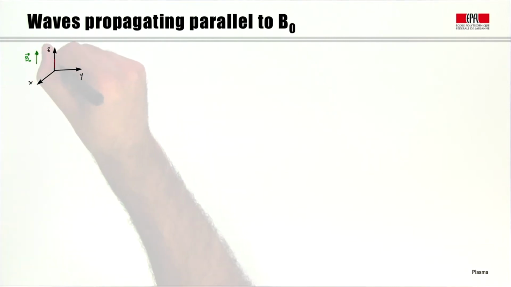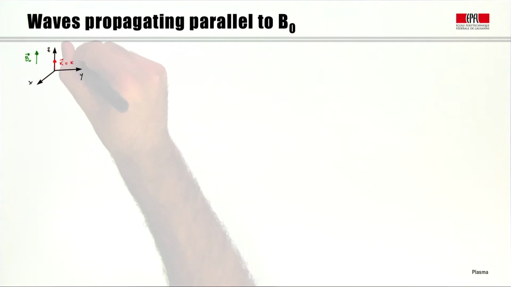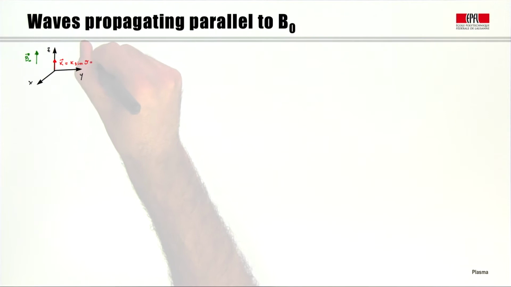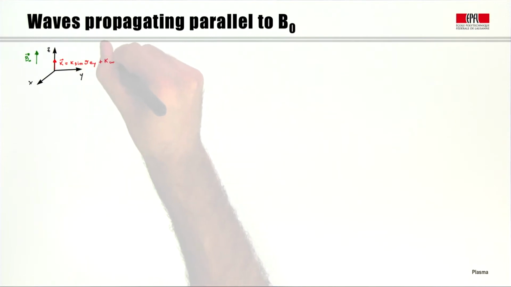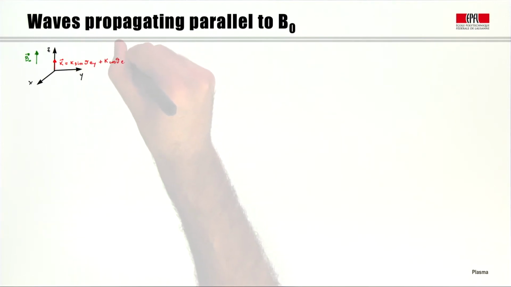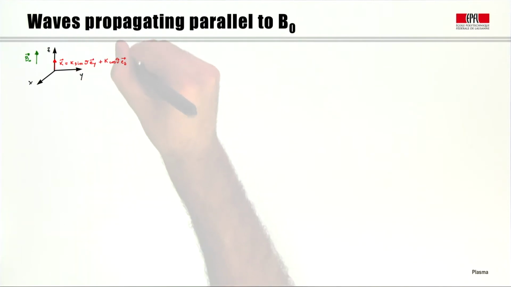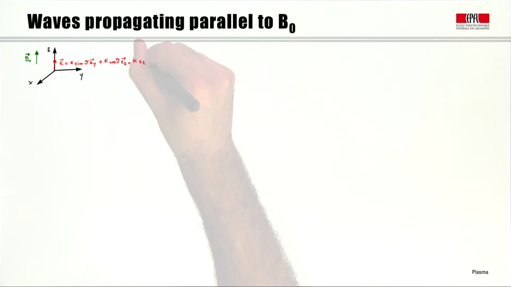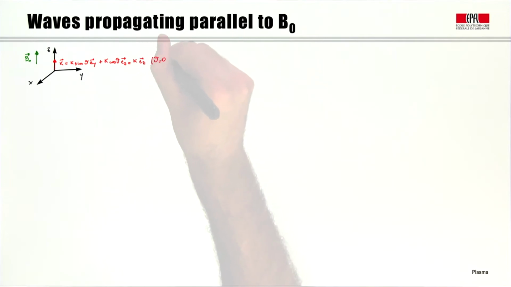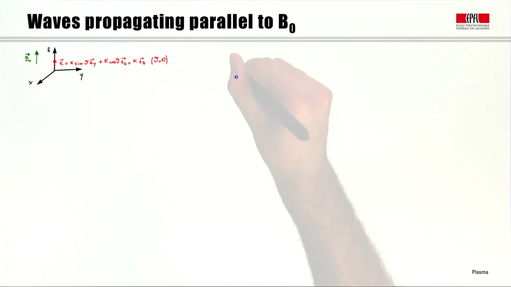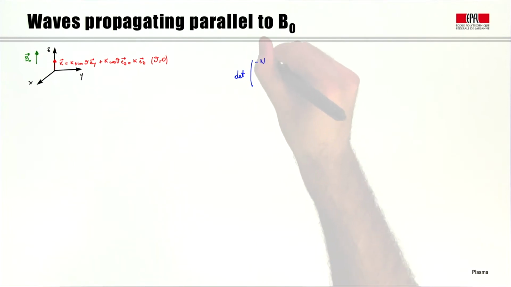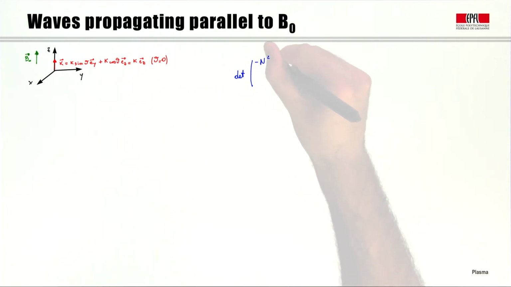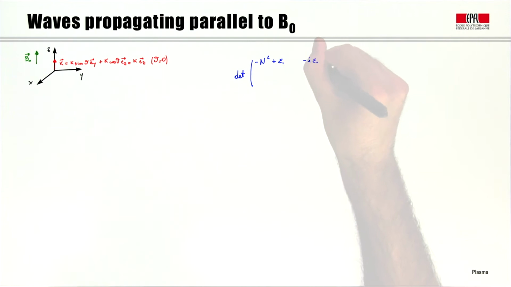K, which we wrote equal to k sin theta ey plus k cos theta ez, we will write equal to k ez. Basically, we will consider the case of theta equal to 0. In this case, the dispersion relation is the determinant of this matrix equal to 0.